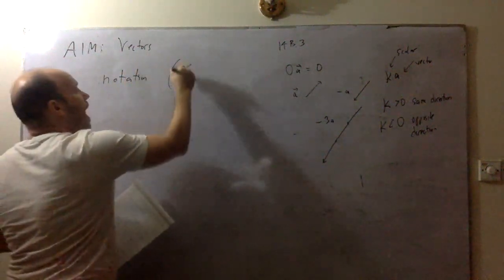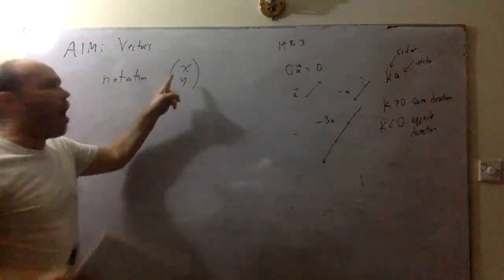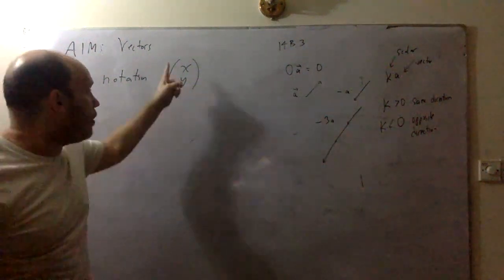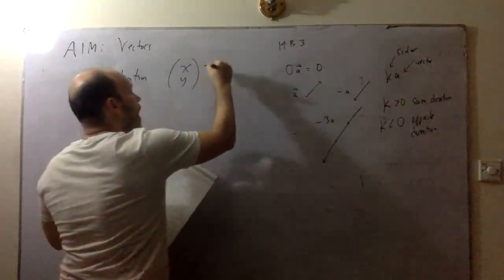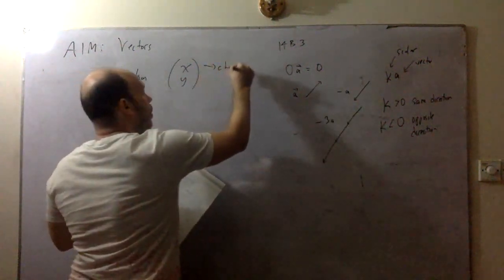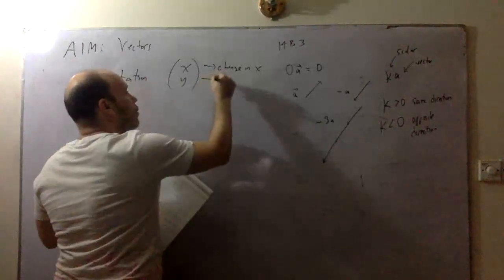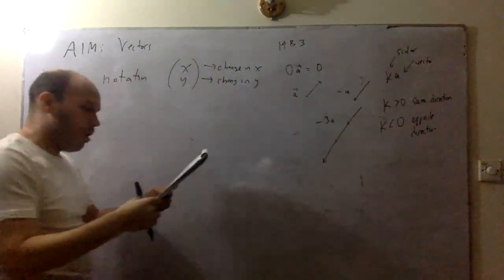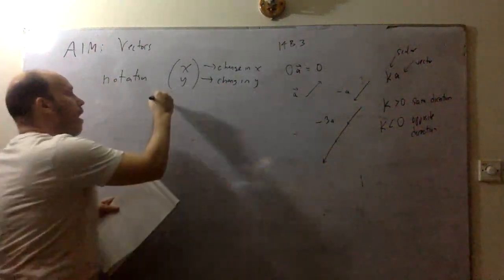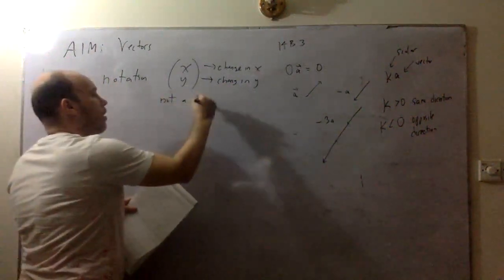The notation is going to be x, y, written as a column. This is not a fraction. This is vector notation. The top tells us the change in x, and the bottom tells us the change in y. So, not a fraction.